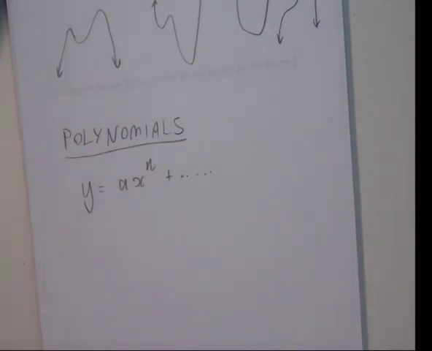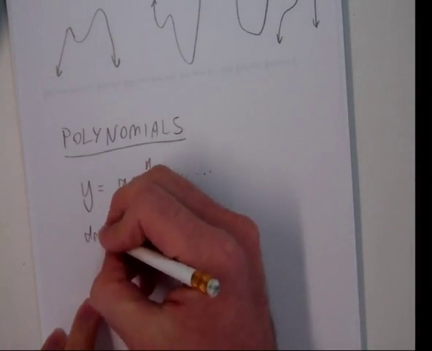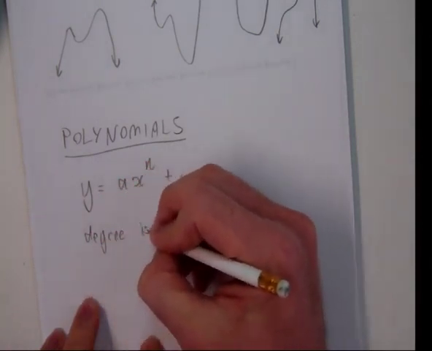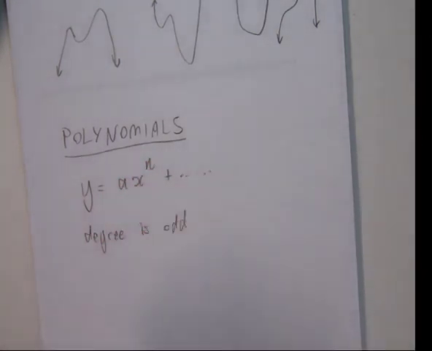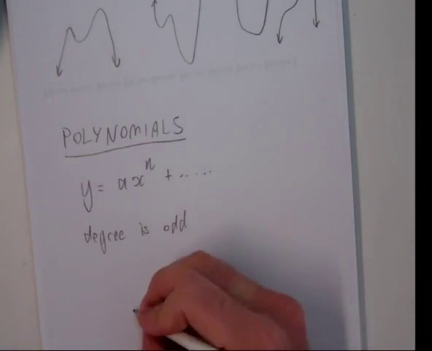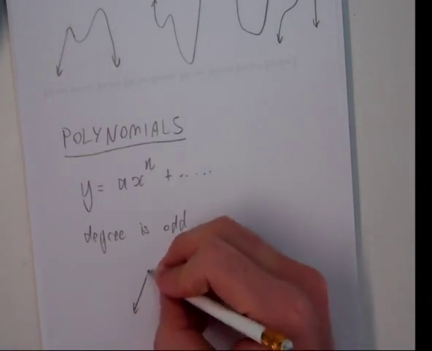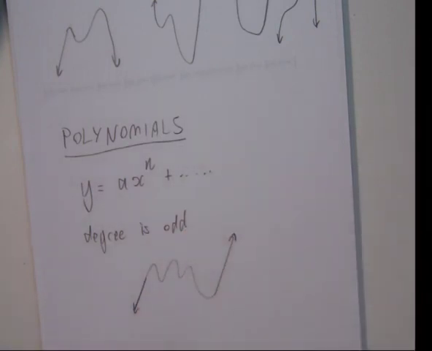And polynomials have very useful information that you can know about them. If the degree is odd, if the degree is an odd number, so a cubic is x cubed, or an x to the 5, or an x to the 7, then the two ends of the function will point in opposite directions.